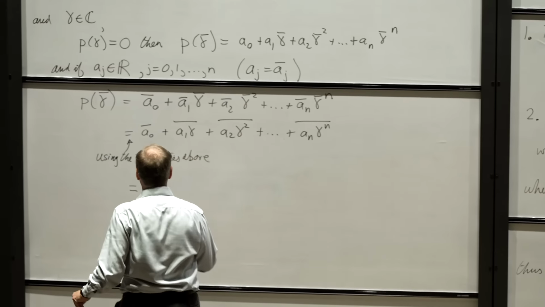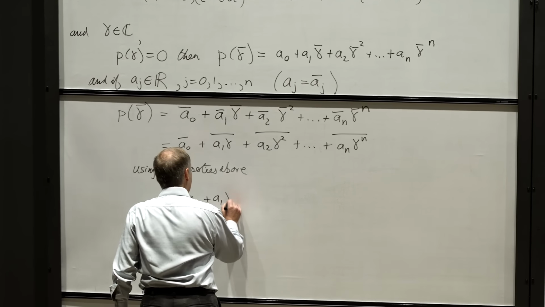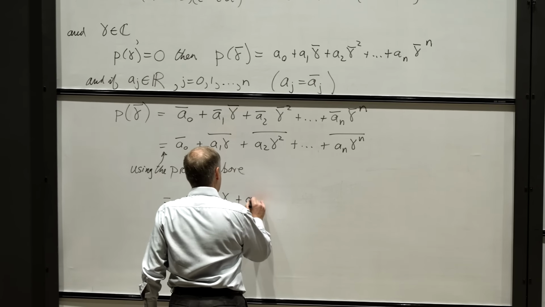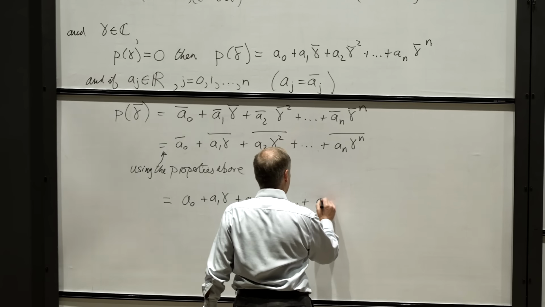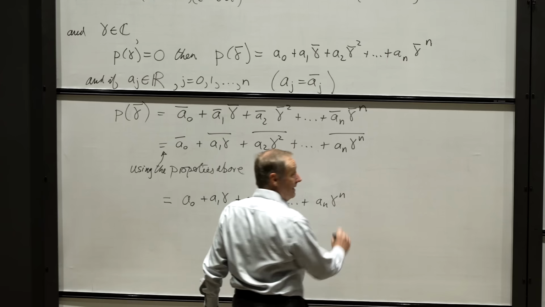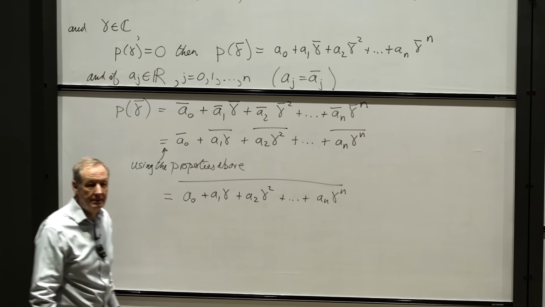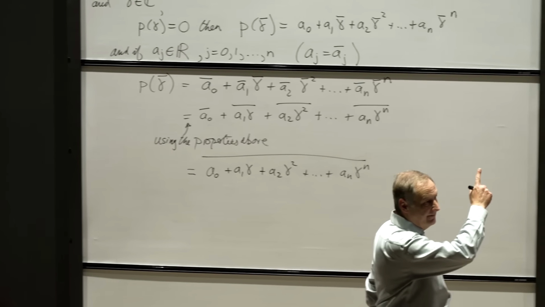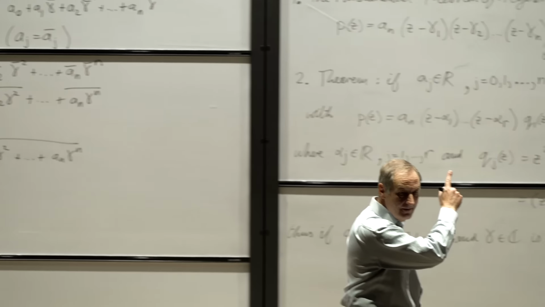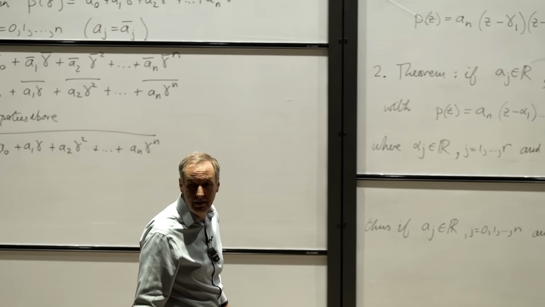So this is equal to A0 plus A1 gamma plus A2 gamma squared plus An gamma to the n, bar. That's just using the result at the top of the board there, many times, but a finite number of times.